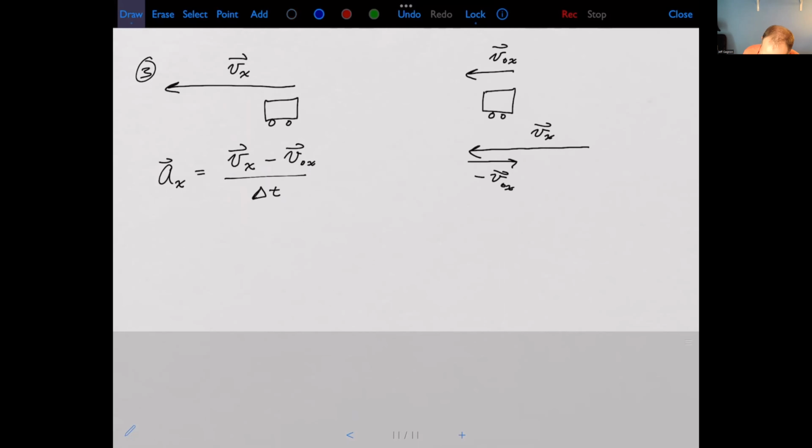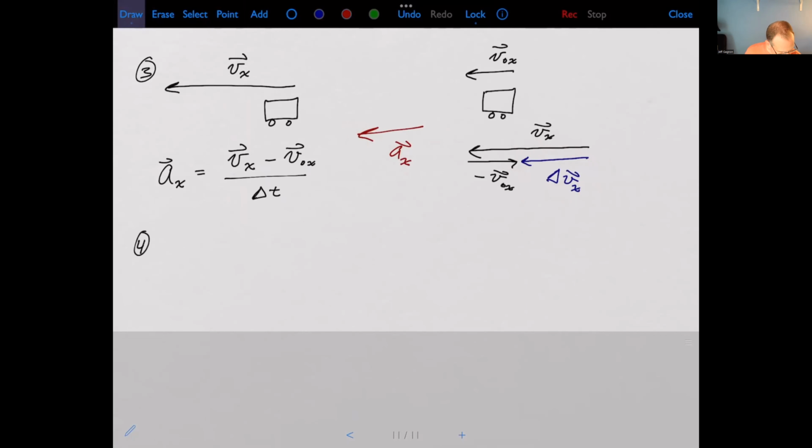And finally, if I draw a vector from the tail of the first to the tip of the last one, it looks like this. So that's my delta Vx. But that delta Vx has the same direction as the acceleration. So in this case, the acceleration must be to the left. Right? So these directions, that acceleration and then the delta Vx, they have to match the direction. So if a car is moving to the left and then speeding up to the left, the acceleration is to the left.